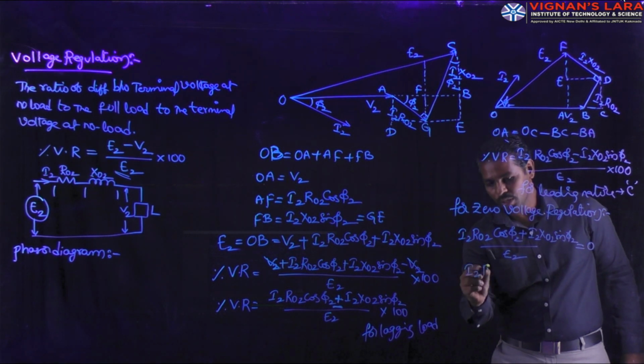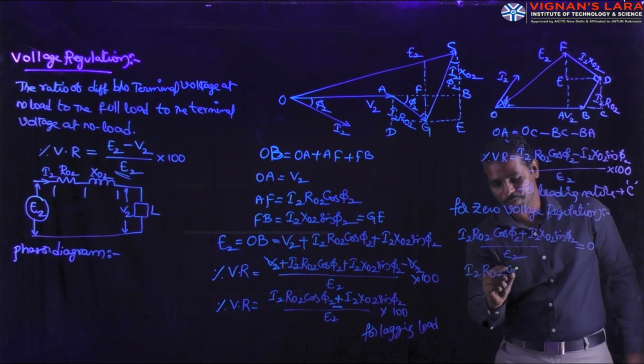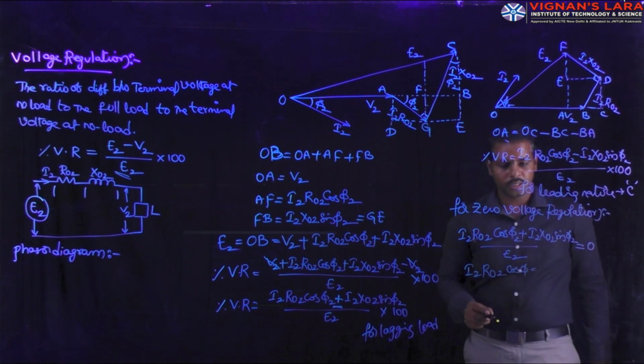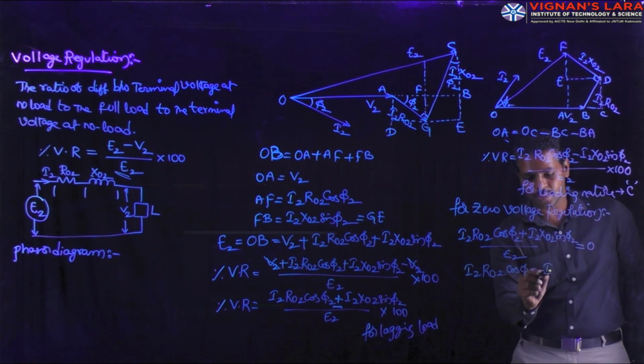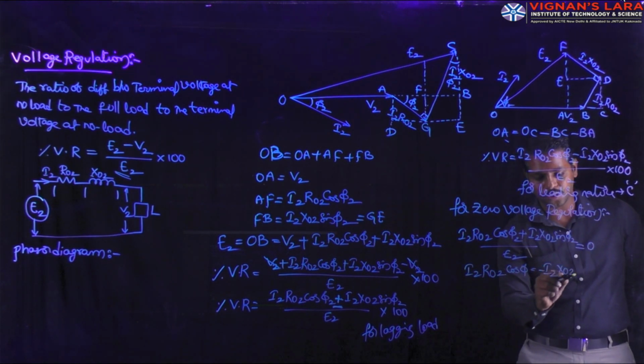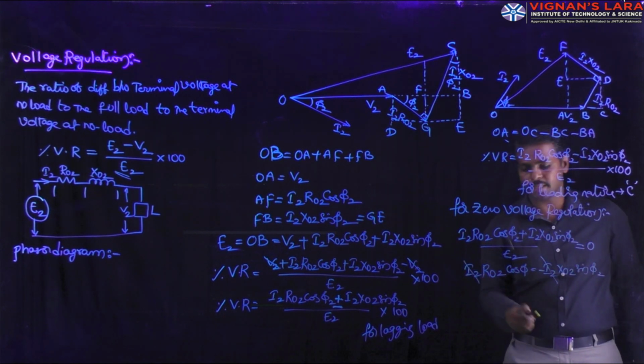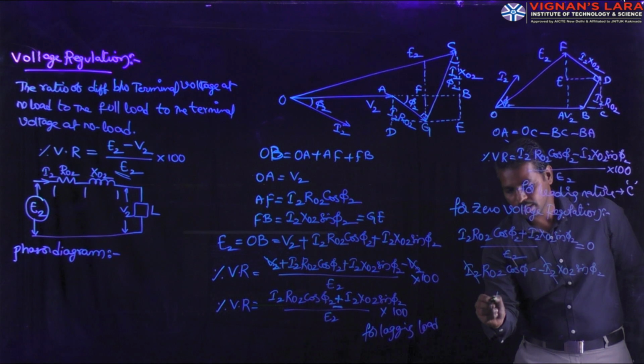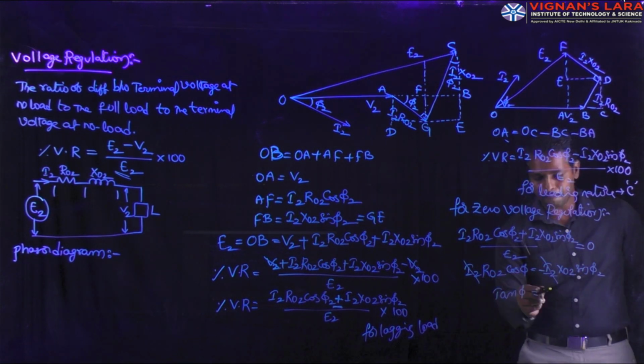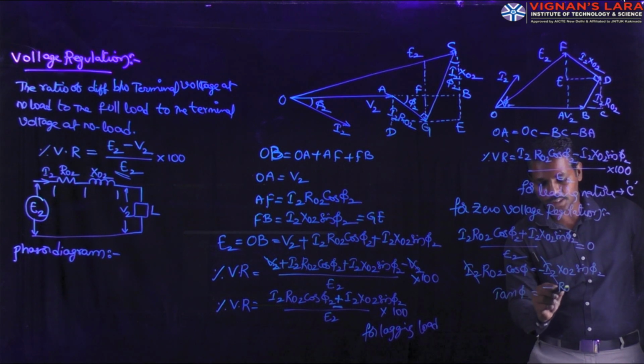I2 into R02 cos phi 2 is equal to minus I2 X02 sin phi 2. So the current gets cancelled. So sin phi by cos phi, or tan phi, is equal to minus R02 by X02.